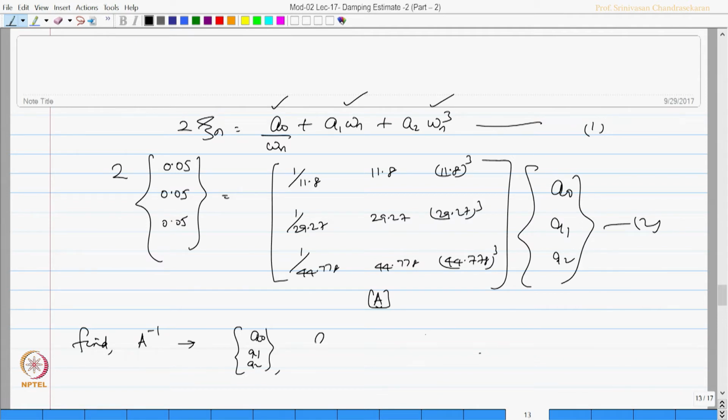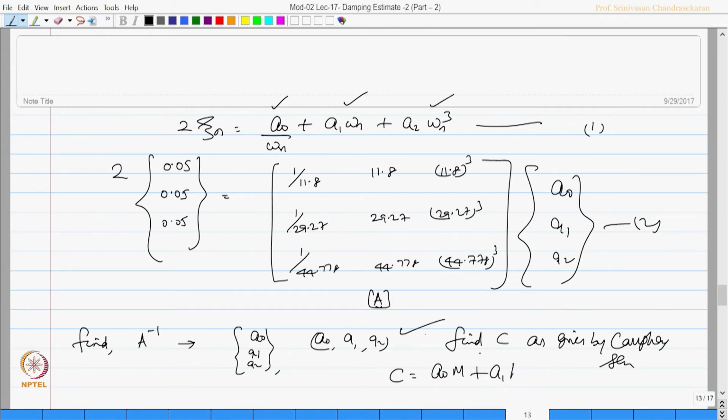Once you know A 0, A 1 and A 2, one can find C as given by Caughey series, which is actually equal to A 0 M plus A 1 K plus A 2 K M inverse K. This can be easily solved and found.